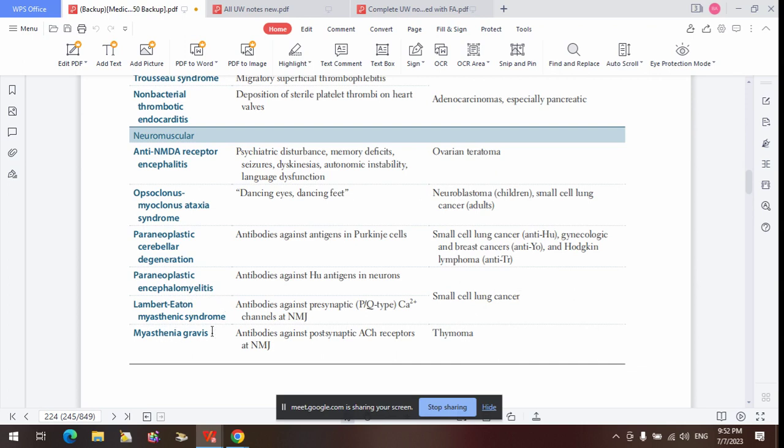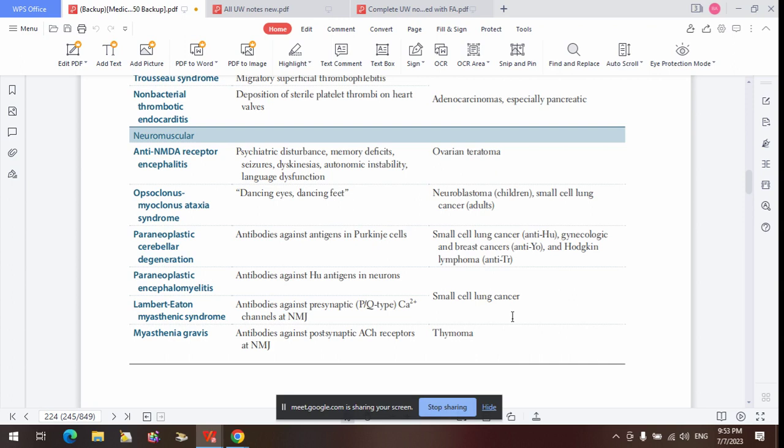Then another thing that is very, very common for small cell carcinoma is Lambert-Eaton myasthenic syndrome. This is due to the fact that the small cell lung cancer is elaborating antibodies against the presynaptic P or Q type calcium channel. Please don't go and pick L type calcium channel. It is PQ type. Antibodies against presynaptic PQ type calcium channel at the neuromuscular junction are what is causing the Lambert-Eaton syndrome.